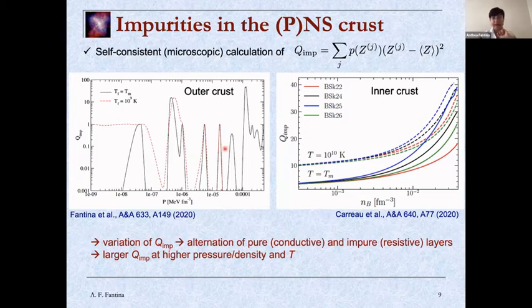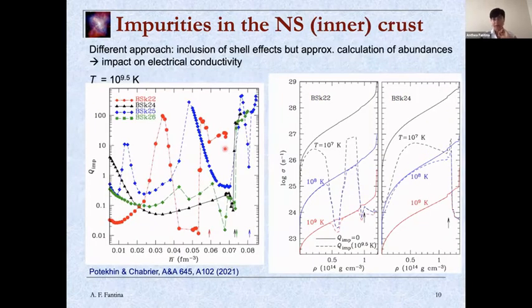And actually, there have been some very recent calculations of transport properties from the impurity factor, and I show you here some results from Potekhin and Chabrier, where they have calculated the impurity factor for the inner crust. They do have this oscillatory behavior, because they include the shell effects, but they have an approximated calculation of the abundances with respect to the work I showed you previously.